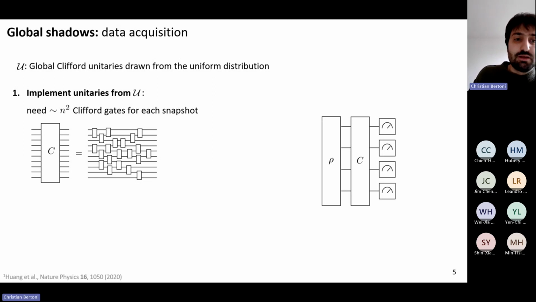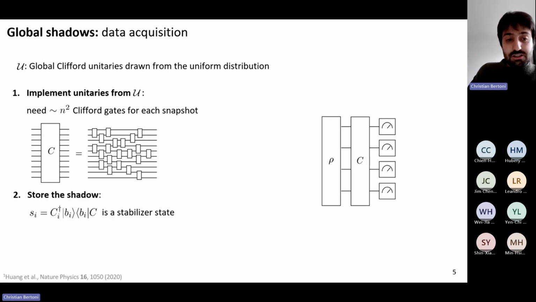But here what we can say is that if we have local control over our qubits, we need order n squared Clifford gates for each snapshot, where n is the system size. And so linearly deep circuits, and this is of course feasible, but probably outside of the capabilities of current hardware. And this is, I would say, something hard to do with current technology, implementing linearly deep circuits with any accuracy.